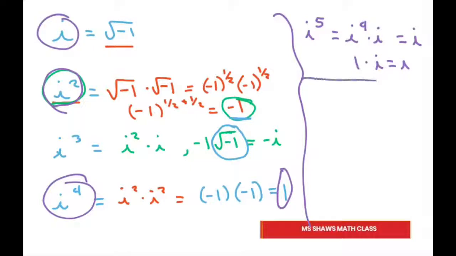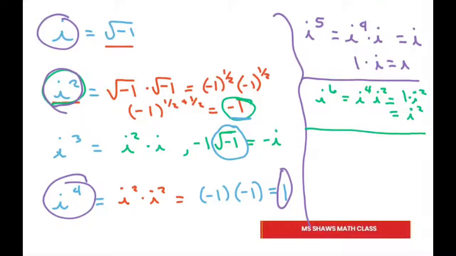Now let's try i to the 6th. i to the 6th equals i to the 4th times i squared. So that's 1 times i squared, which just equals i squared.